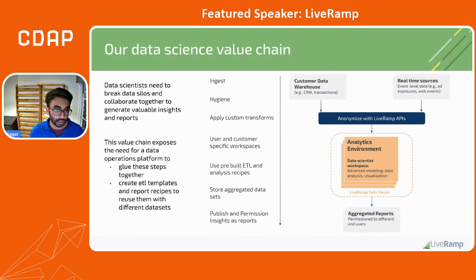At first glance, this may seem like the normal data value chain, but I want to highlight three things here that hopefully will come up later as we talk about CDAP, which is we want to apply custom transformations. We also want to use pre-built ETL and recipes. And finally, we want to publish and permission these insights as reports.